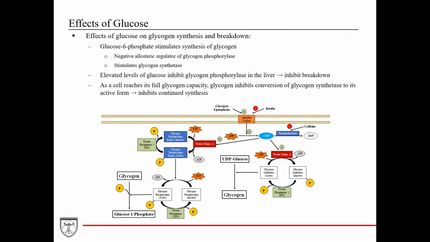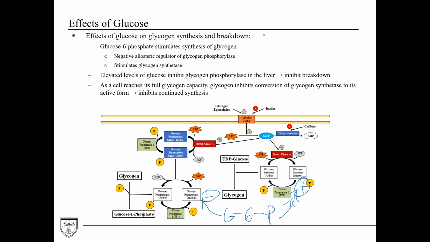So the effects of glucose itself, first we'll look here at glucose 6-phosphate. Now, glucose 6-phosphate is a negative allosteric regulator of glycogen phosphorylase, so it's going to come over here and inhibit it. And then it stimulates glycogen synthetase. And it makes sense. If you have elevated levels of glucose, you want to inhibit glycogen breakdown.